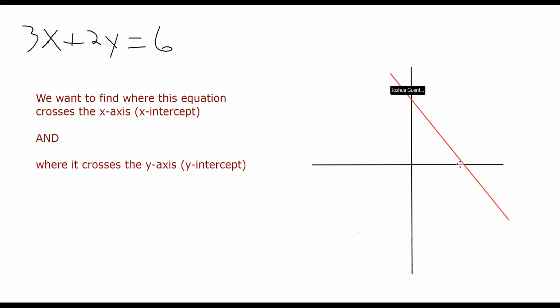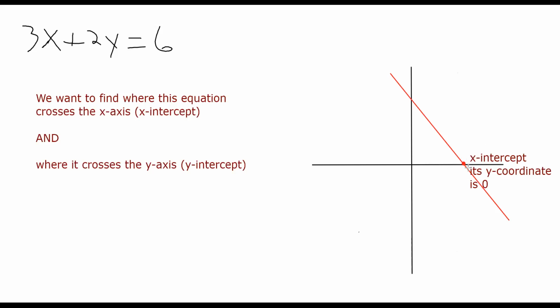But the principle is that whenever it's crossing the x-axis, the x-intercept, its y-coordinate is 0. Right there, it's on the x-axis, but its y-coordinate is 0 because it's not up and down on the y-axis. So it's on the x-axis, that means that it has a y value of 0.